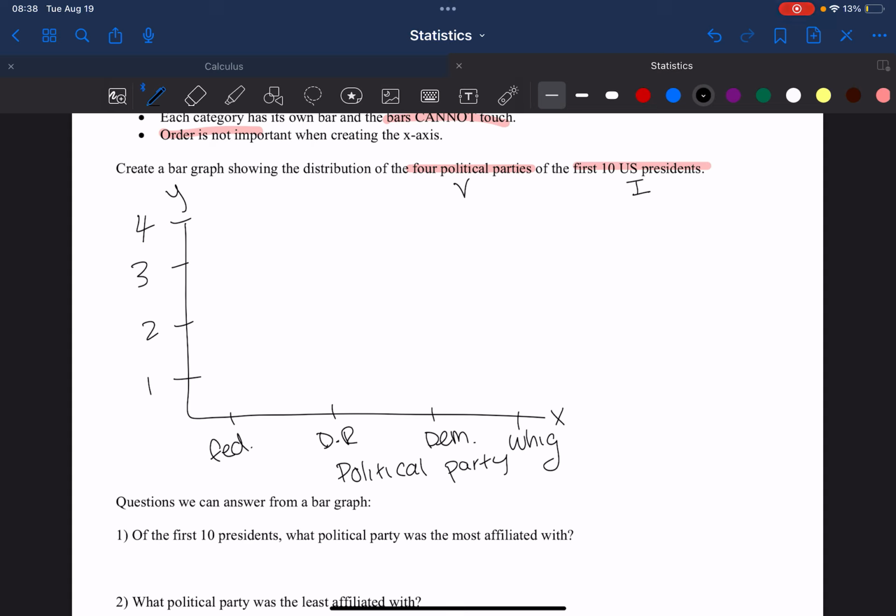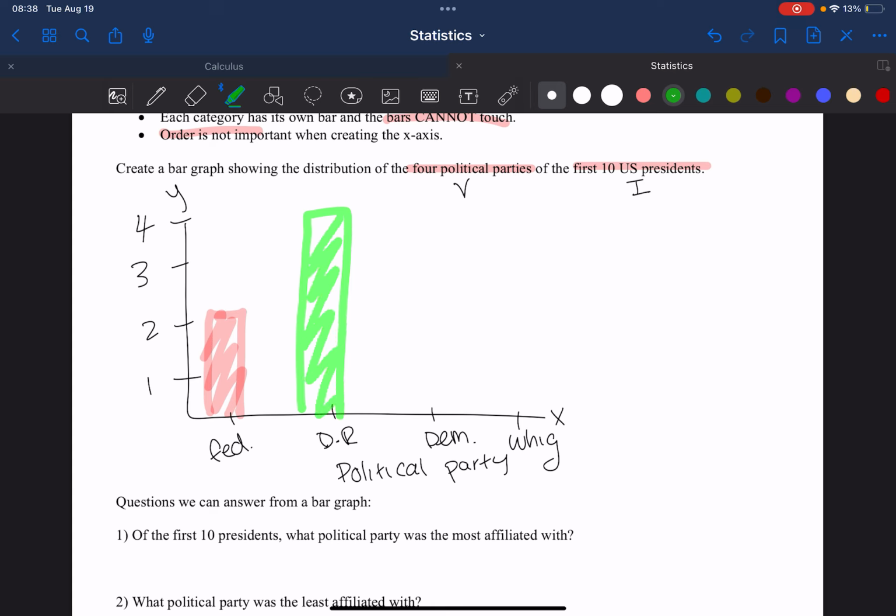And then I'm just going to start filling in the data. For Federalists, looking back up at my table, I know that I had 2 Federalists. For Democratic Republican, I had 4. For Democratic, I had 2. And for Whig, I also had 2.